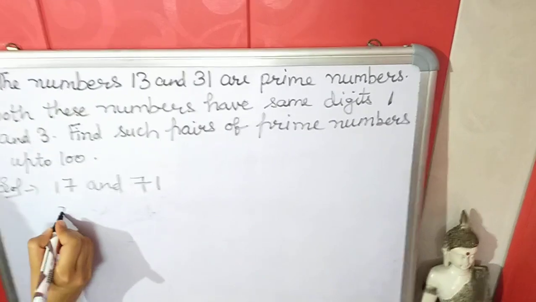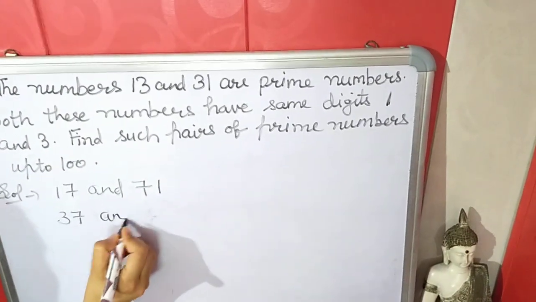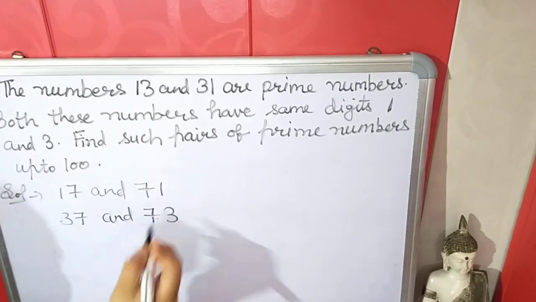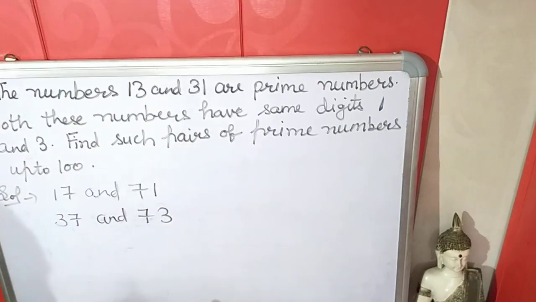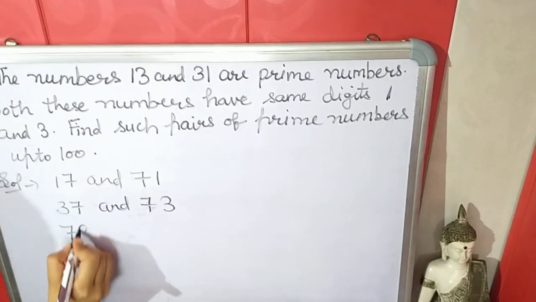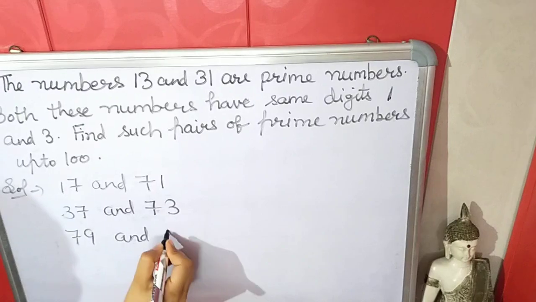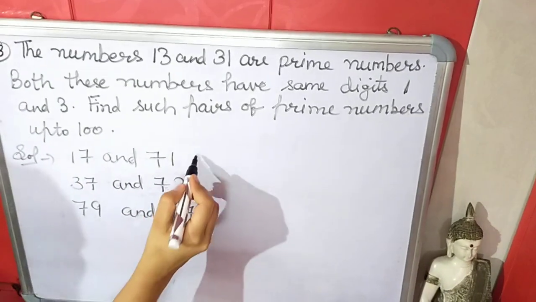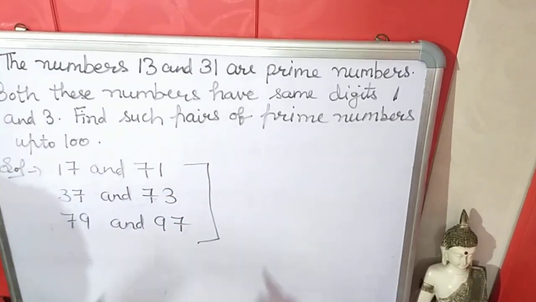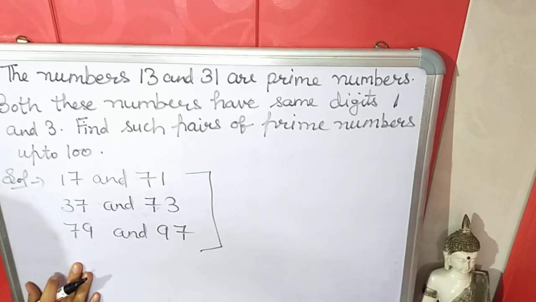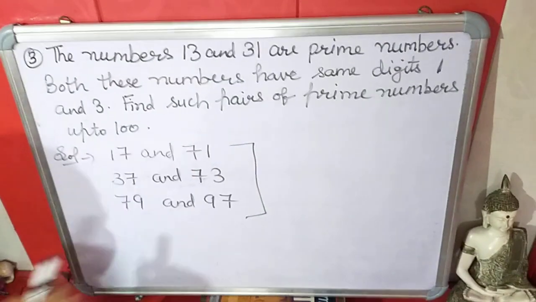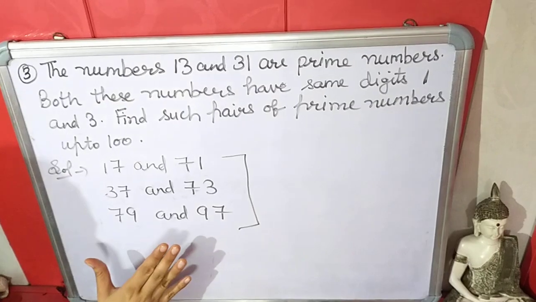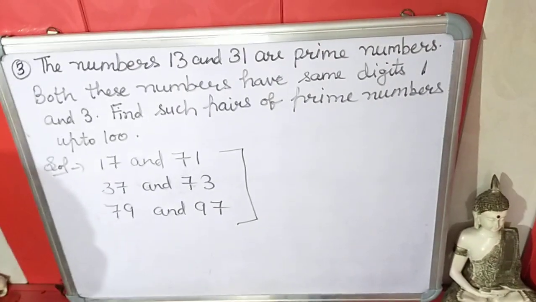Next I can take 37 and 73. Next 79 and 97. So these are the pairs of prime numbers up to 100.